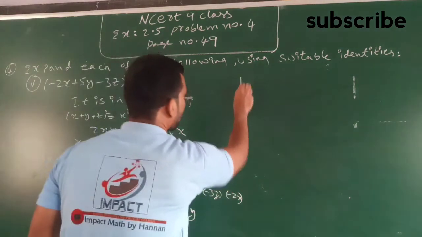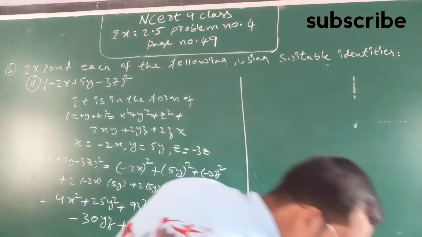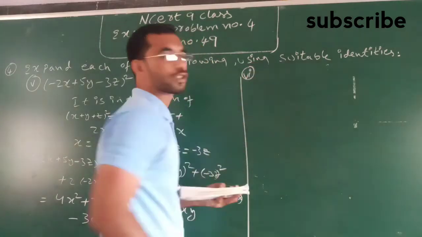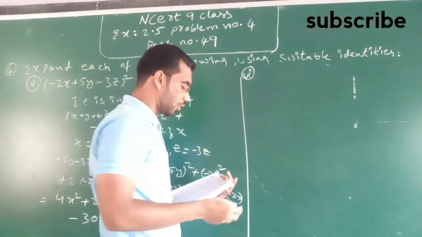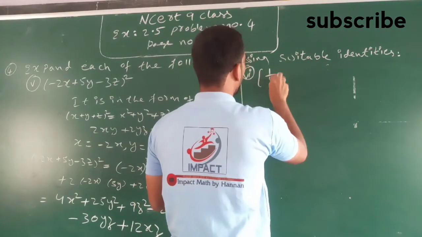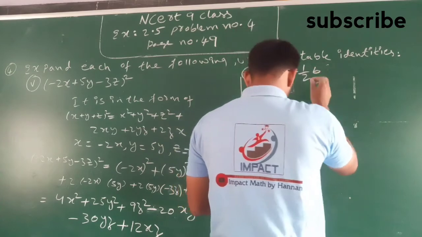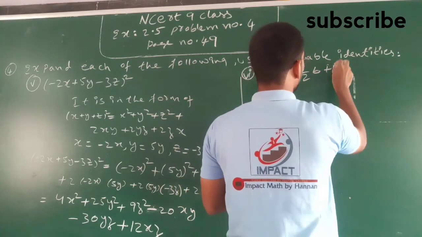Next we will see the next problem. Next question, it is given, the sixth and last question of this bit. In this one, 1 by 4 a minus 1 by 2 b plus 1 whole square.